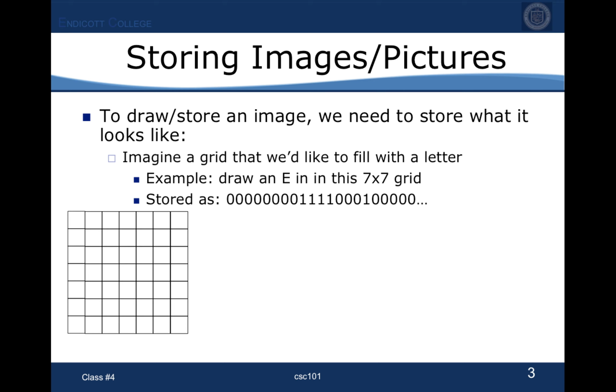So let's start basic in terms of images. Obviously, we could get crazy and we will talk about big fancy cameras and how those work and everything. But let's start basic and say we just want to store the image of maybe the letter E on maybe just a grid like this.